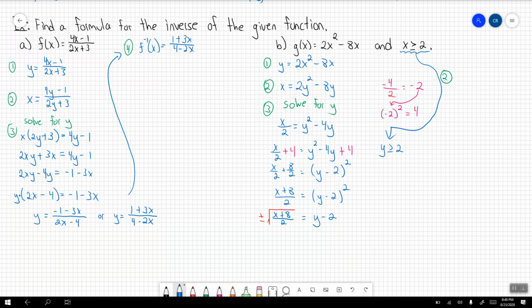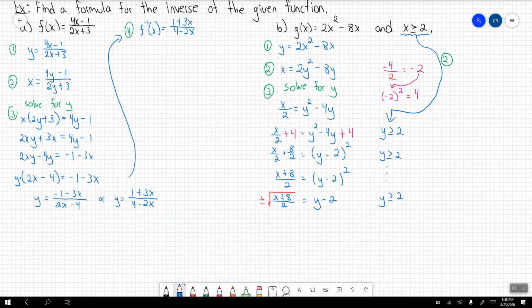Okay, so keeping this restriction going for us, we can now look at this: y is going to be equal to 2, after I add this over, 2 plus or minus the square root of x plus 8 divided by 2.